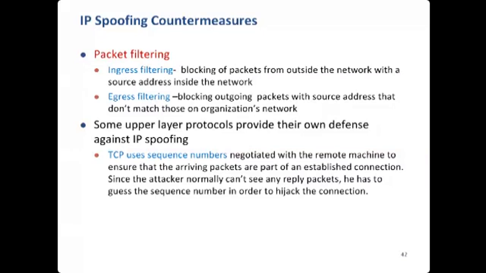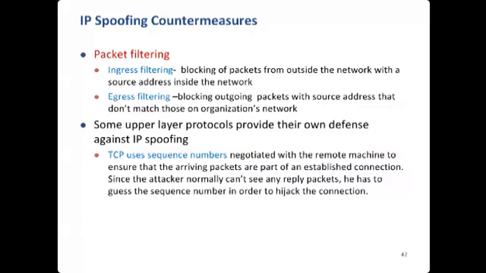Suppose you are sending a fake packet to somebody, writing somebody else's address, which is not from inside your organization or institute. Then the security guard will know some guy is trying to fool, meaning a malicious person inside. That's called egress filtering. And of course, higher layer protocols like TCP use sequence numbers.